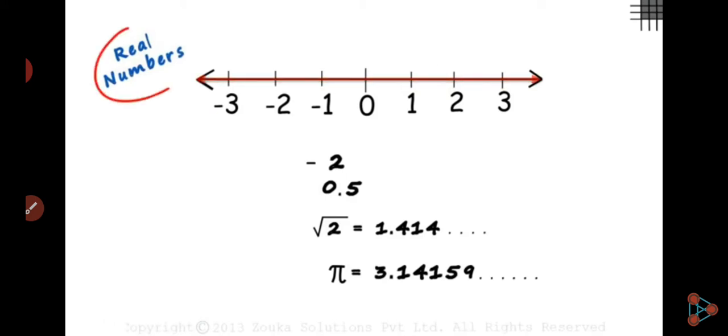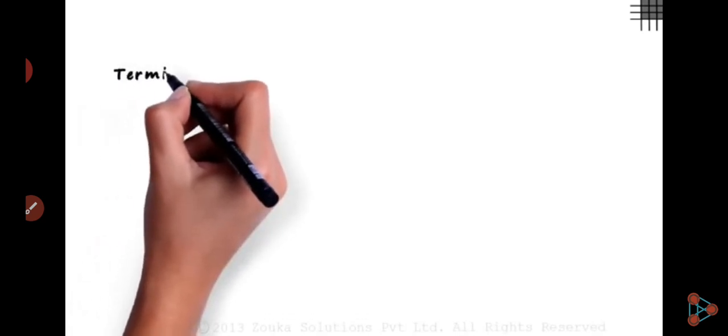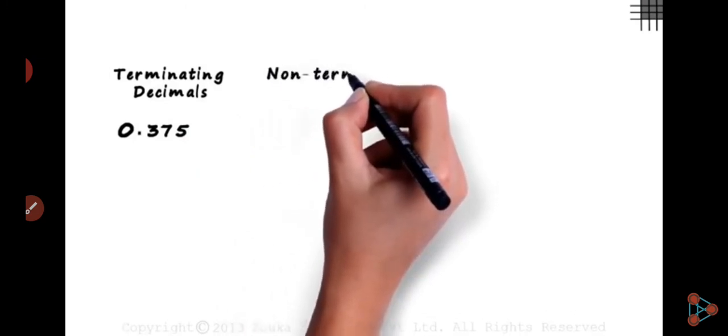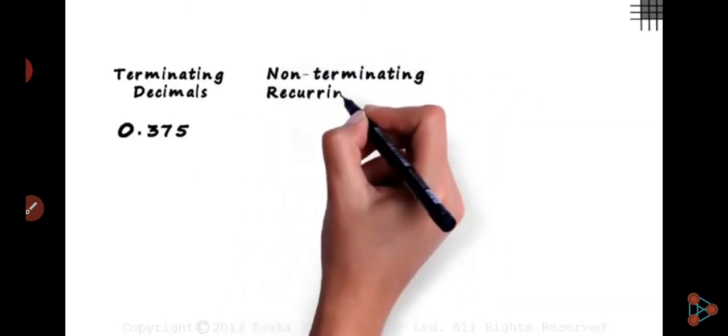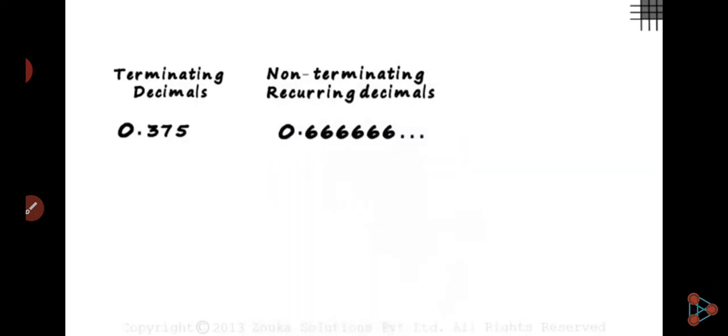Now see what is a real number. First of all, we see that there are two types of decimal: terminating decimal and non-terminating decimal. Terminating decimal means the decimal which we can write in the form of p upon q, and non-terminating recurring decimal, suppose 0.6666.